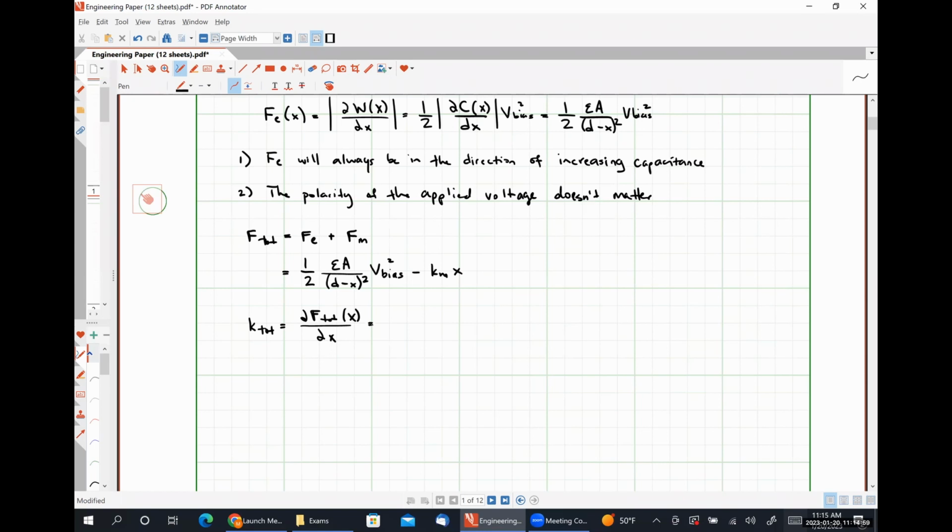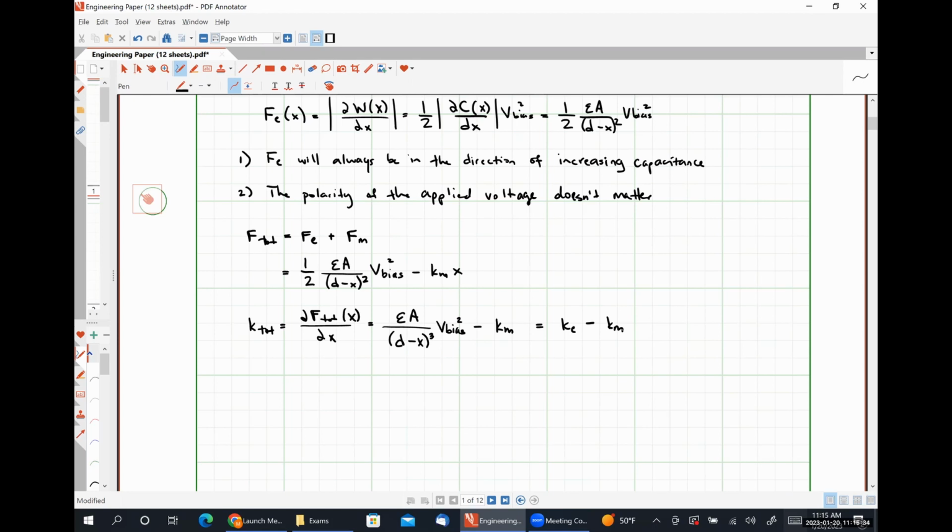And in carrying out this derivative, we wind up getting epsilon A over quantity d minus x cubed times our bias voltage squared minus Km, where this is simply our electrostatic spring constant, Ke, minus our mechanical spring constant, Km.